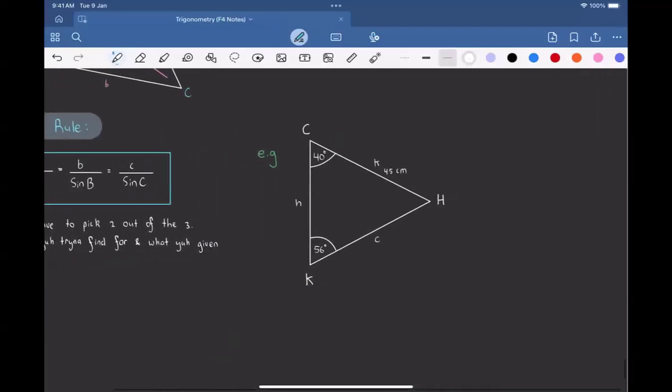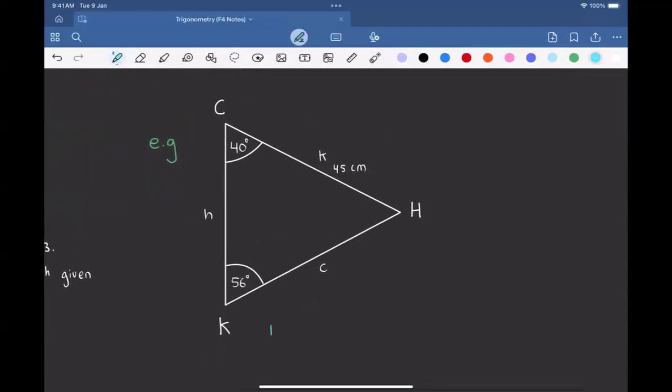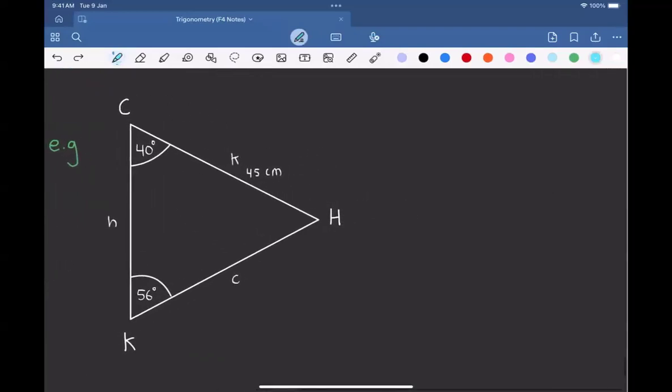Cool. Let me just say I want you all to find the length KH.